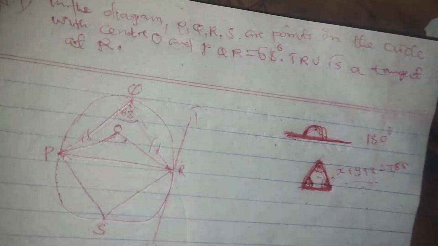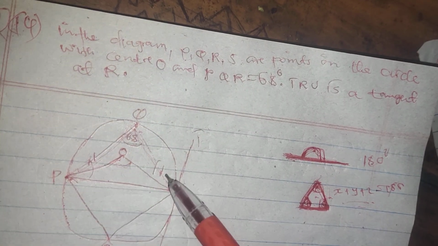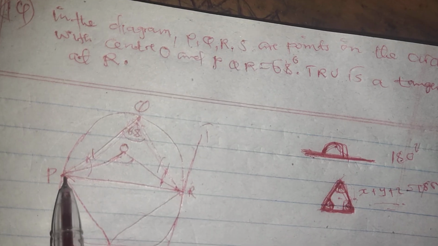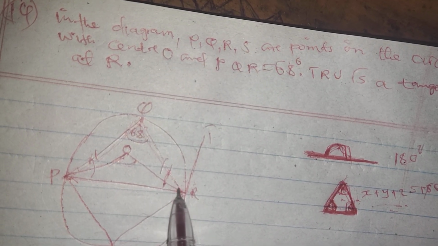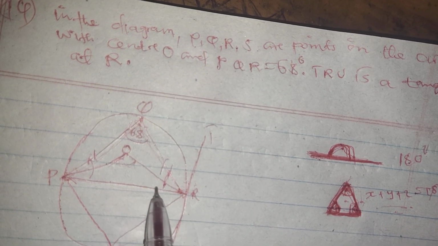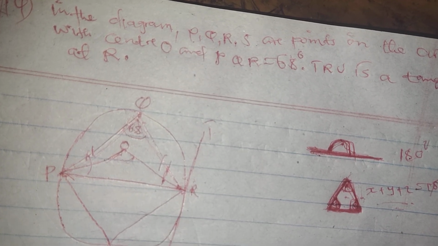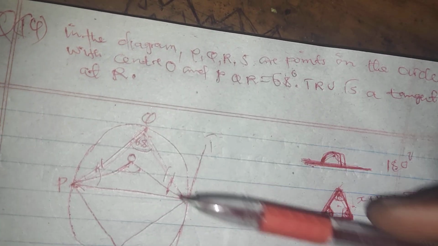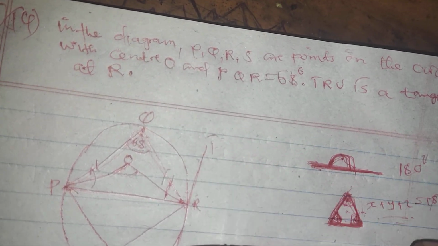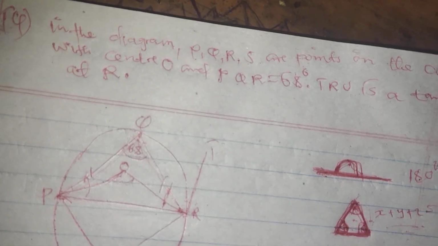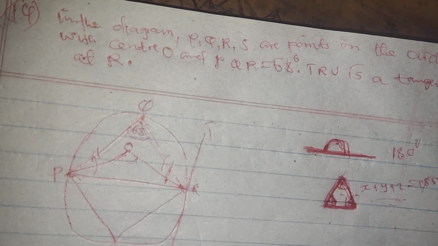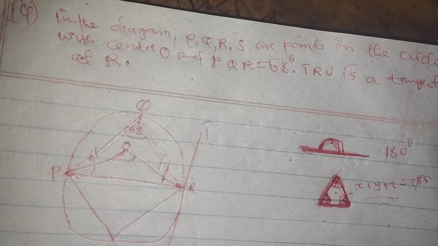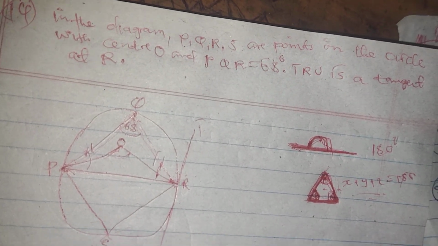So this angle and this angle will be equal, because this chord is cutting the circle. This line is dividing the circle.